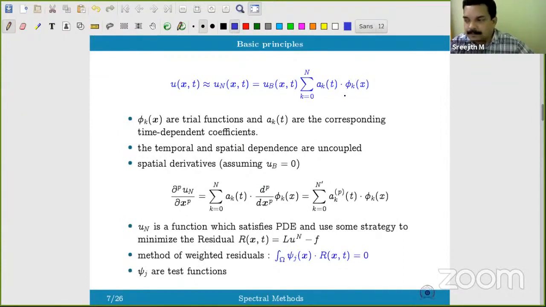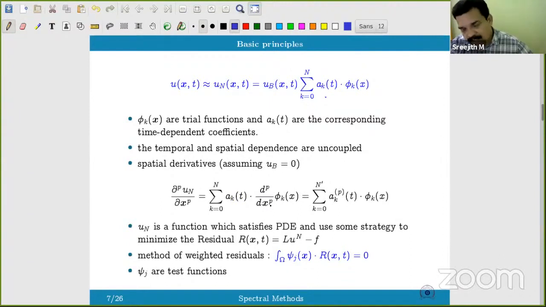So the temporal and spatial terms are uncoupled. If you use this as the trial function, you can replace the partial differential term by an ordinary differential term. If you want to find the spatial derivative, say the pth derivative of u_n, that is, partial^p u_n by partial x^p, it is the sum over k equal to 0 to n of a_k(t), which is independent of space, times d^p by dx^p of phi_k(x).